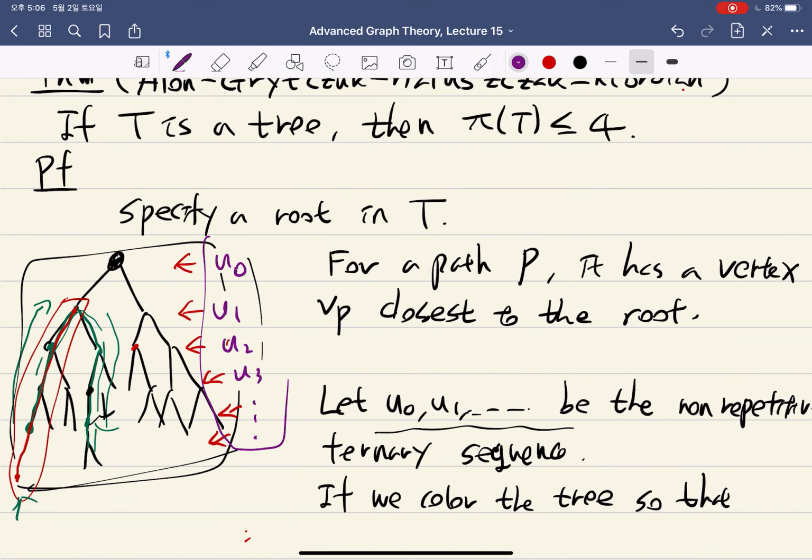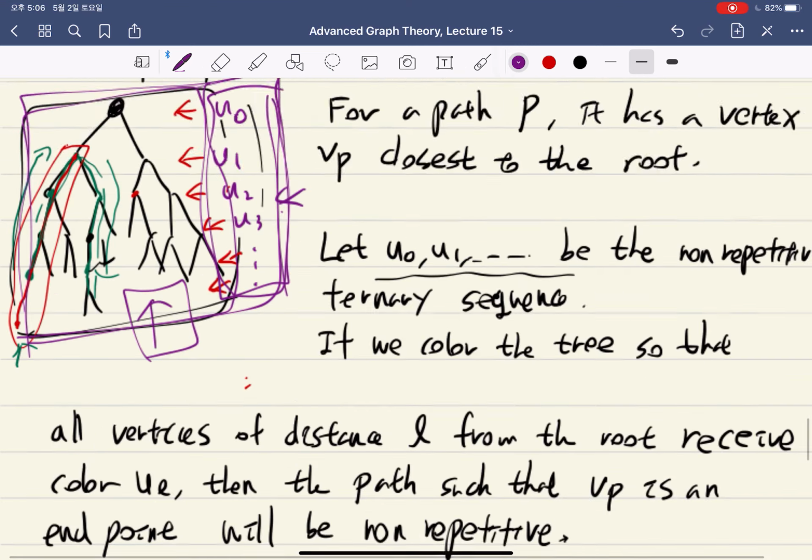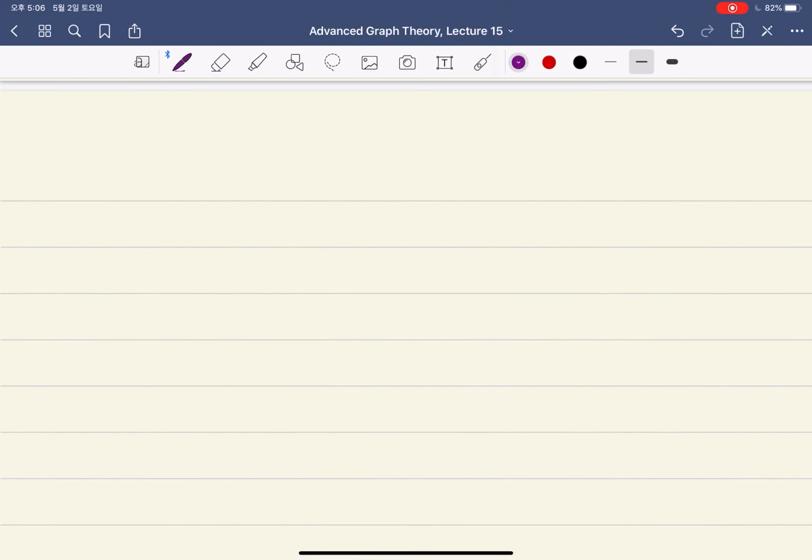If we put these colors on this level, which is non-repetitive, and if this coloring of the tree is not repetitive, it contains a repetitive path, that means there is a palindrome in this sequence. In other words, if we put it here, which has no repetition and no palindrome, then our coloring is non-repetitive. It's a dual coloring. So that's what we just proved.